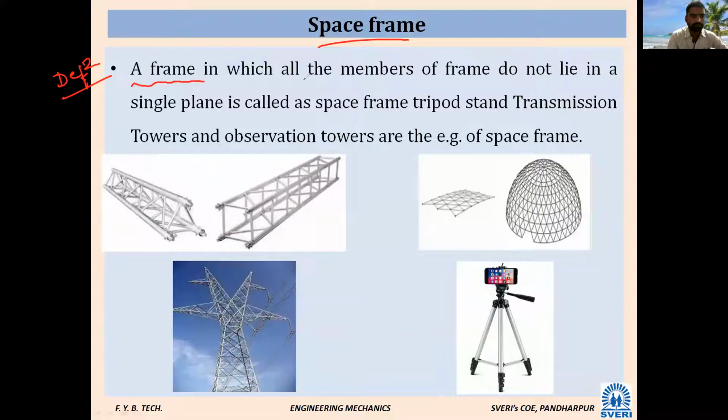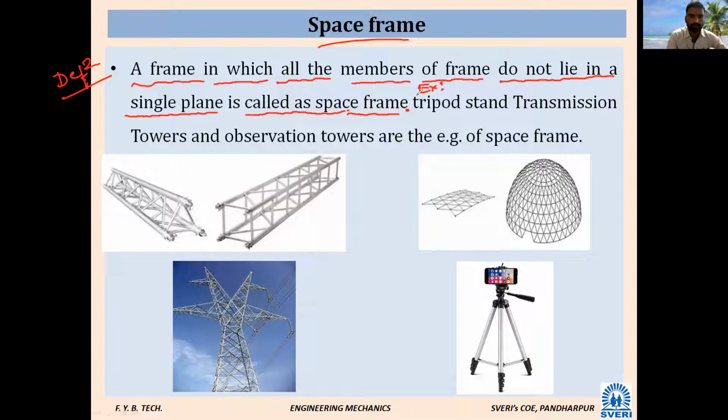A frame in which all the members of a frame do not lie in a single plane is called as space frame.